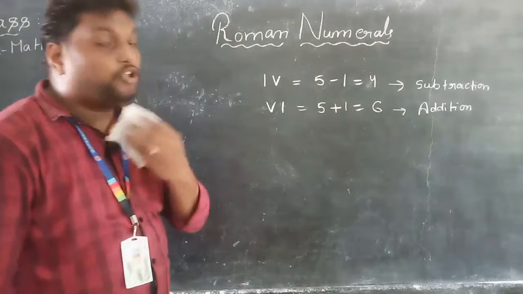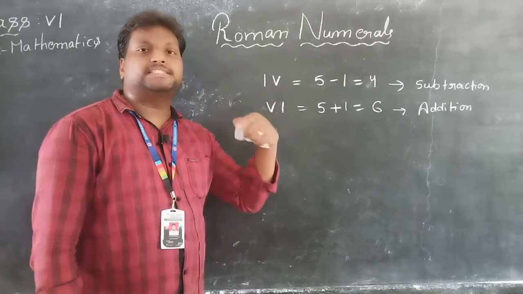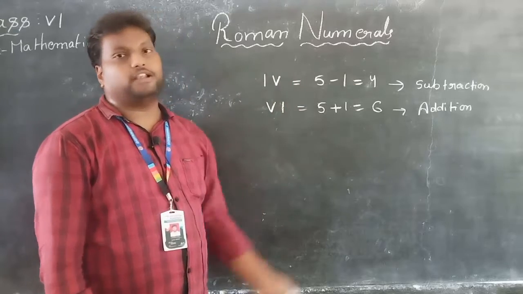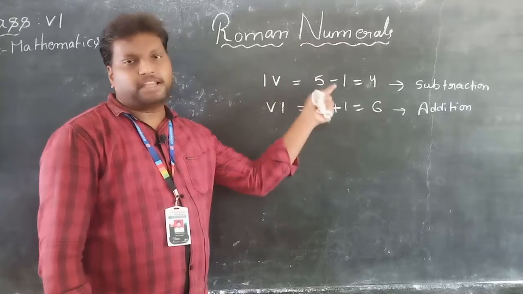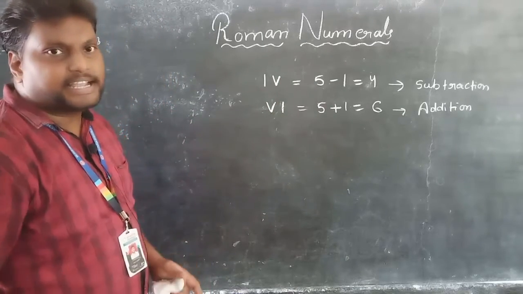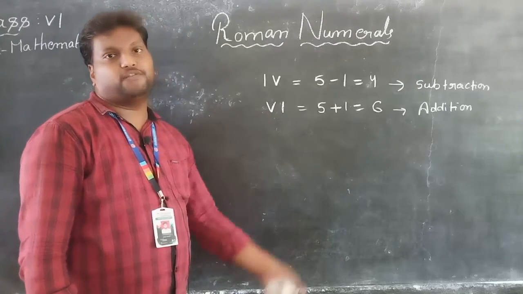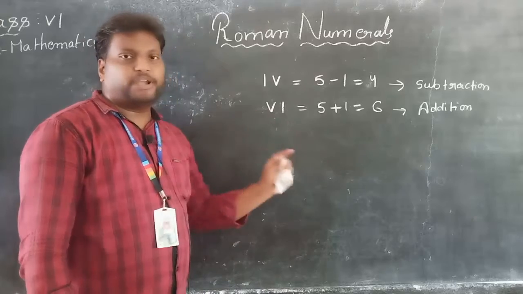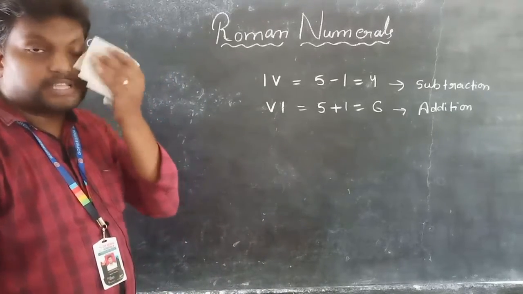The small value is on the left side. Then the small value is subtracted from the big value. Here the lesser value is on the right side, so the small value is added to the big value. Right side means we add the small value, left side means we subtract.